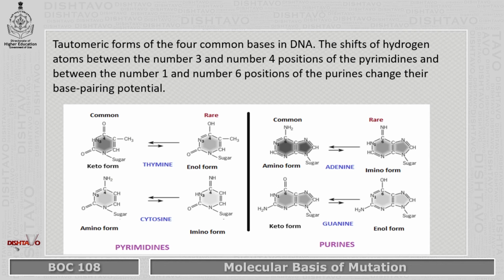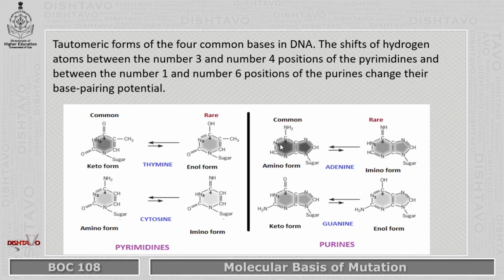Hydrogen atoms can move from one position in the purine or pyrimidine to another position. For example, from an amino group to a ring nitrogen, that is from number 1 position to number 6 position of the purines.